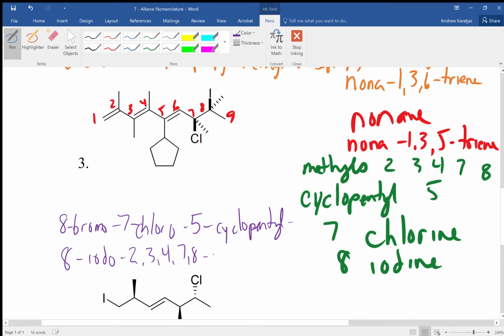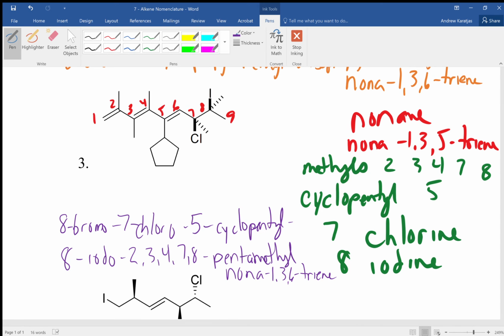There's 5 of them. So that becomes pentamethyl nona 1,3,6 triene. That's not too bad. Are we done? Not yet. We still have our EZ and RS.